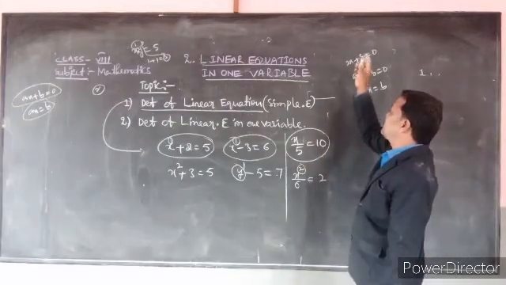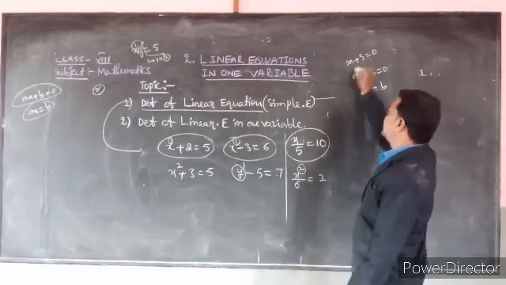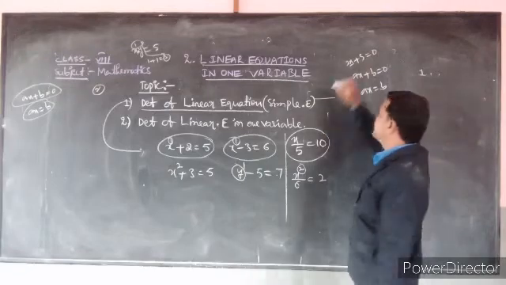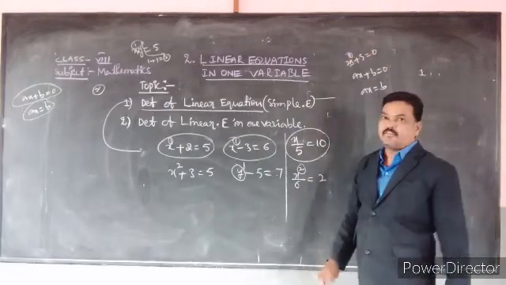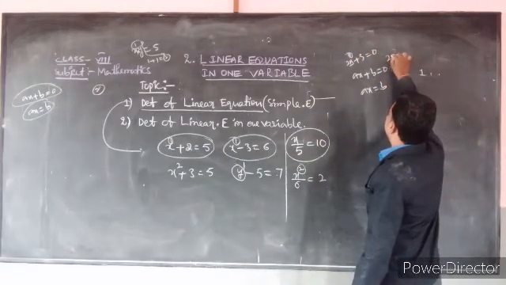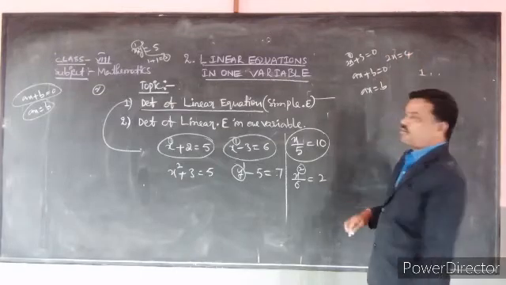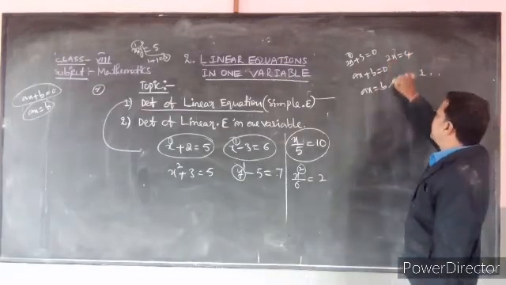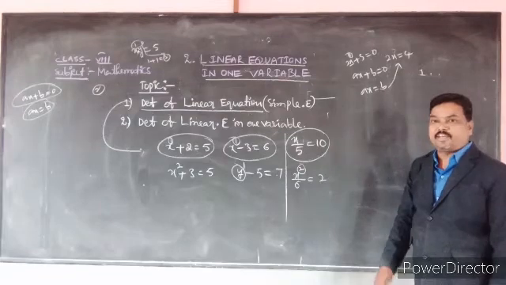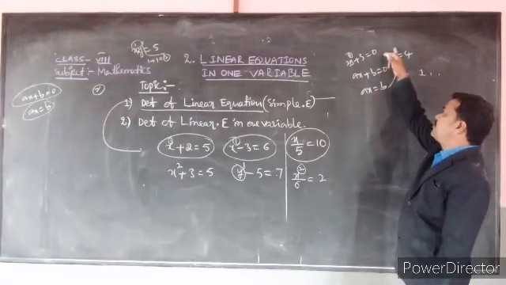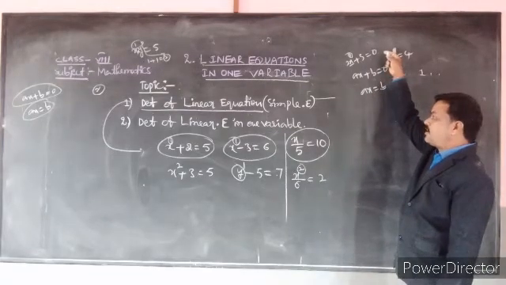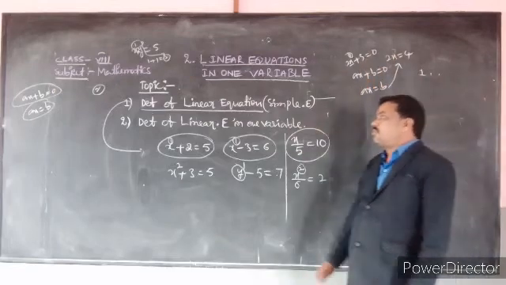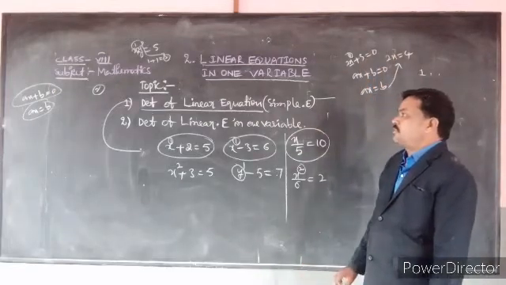This is also an example of a linear equation. Here the variable is x, the highest degree is 1. And 2x is equal to 4. This is also an example of a linear equation in one variable. x is the variable, highest degree is 1. So these are the topics of today's class.